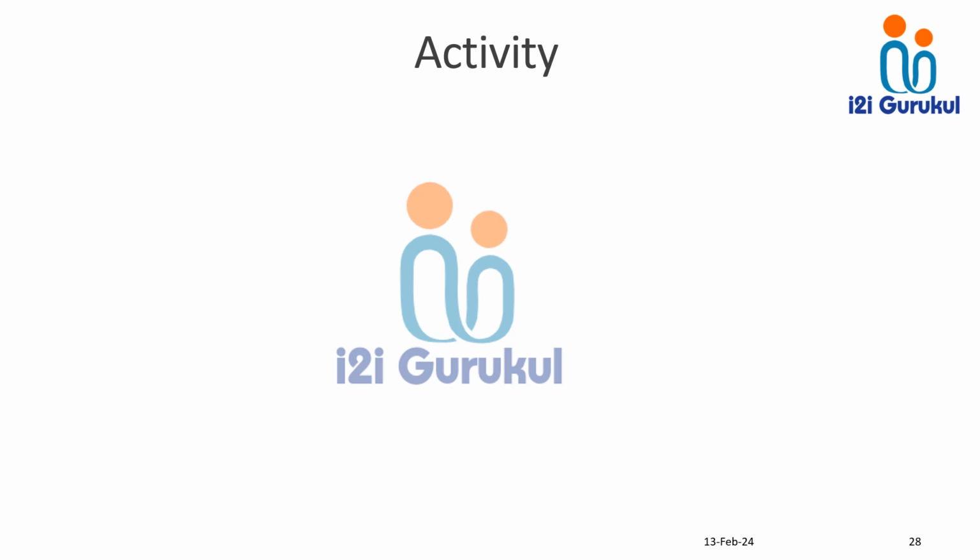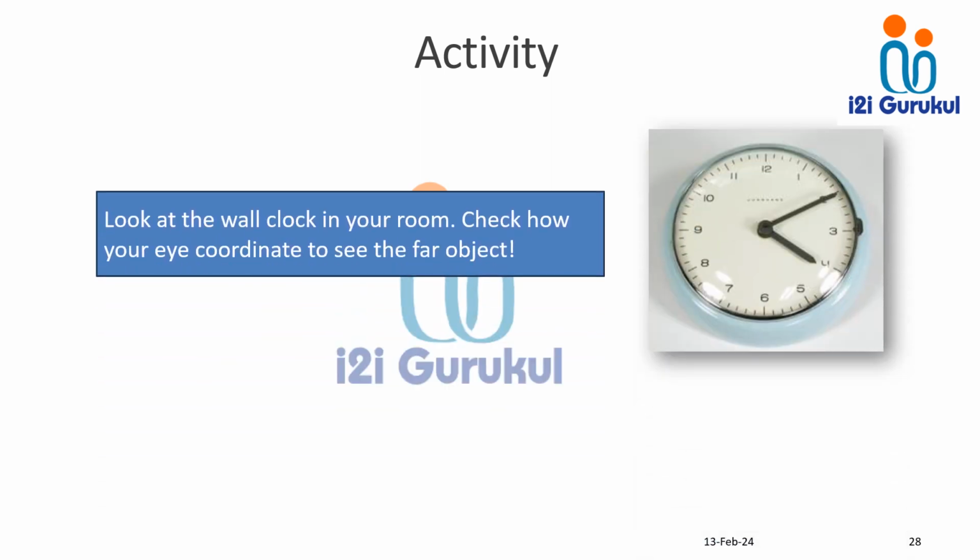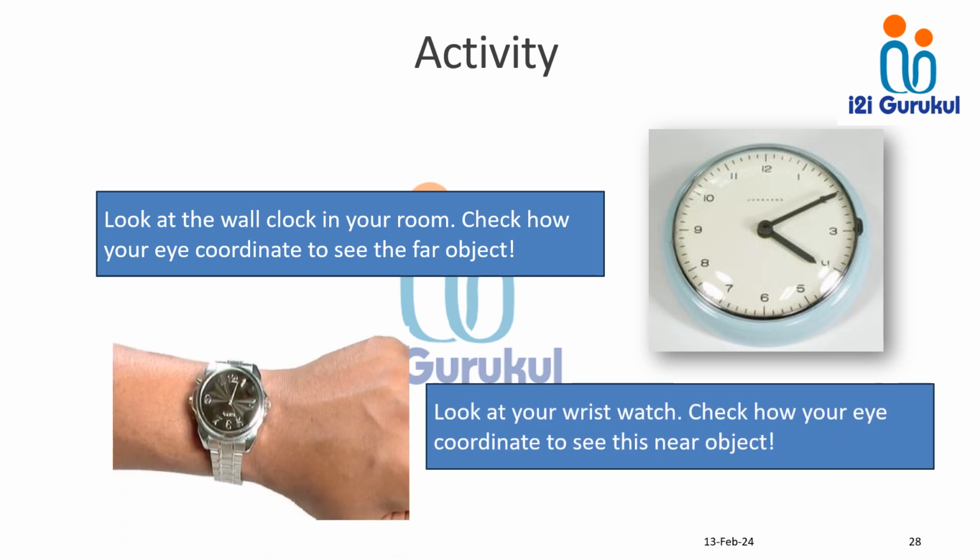Here I can show you an example. Look at a distant object from where you are sitting. We can select the wall-mounted watch, and on the wrist watch you can see these are the two options where distance and near we can immediately compare.